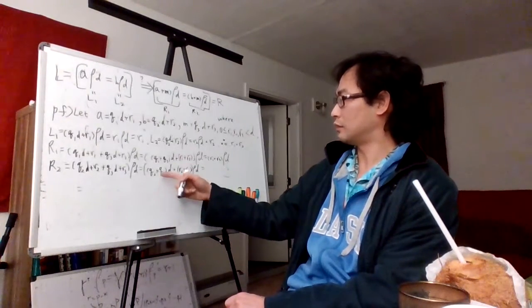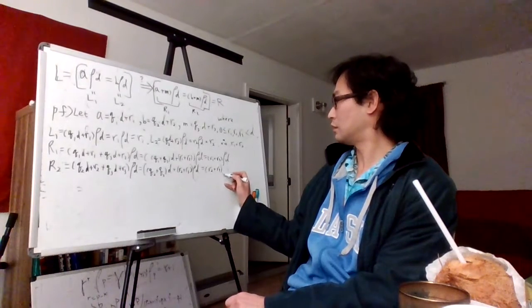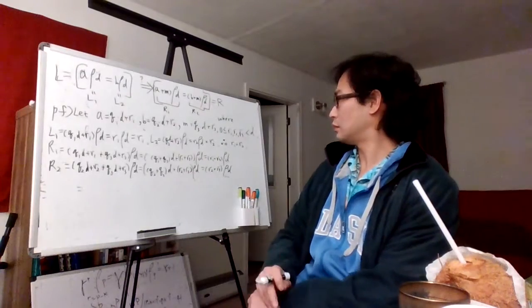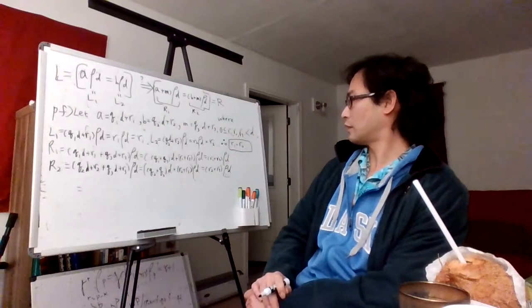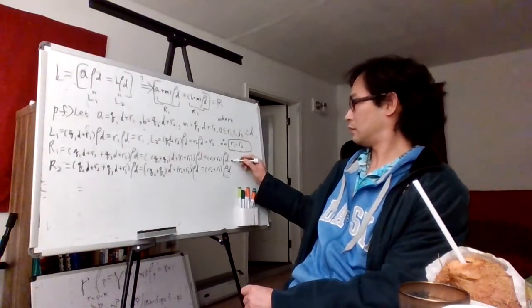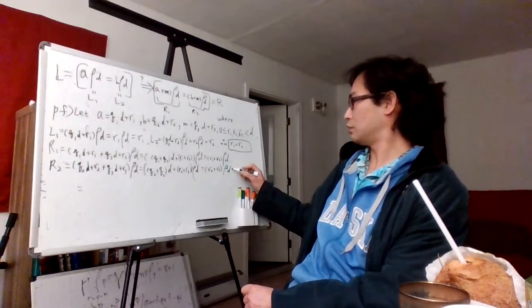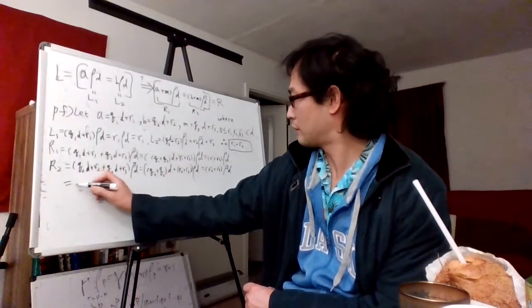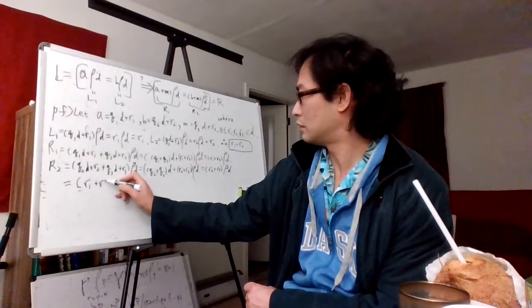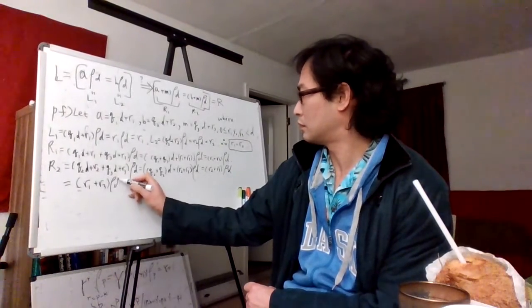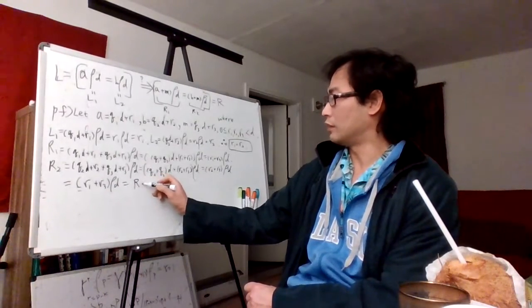Elimination lemma, so this term disappears. Now, because R1 is equal to R2, this guy is equal to R1 plus R3 rho D, which is the same as R1.